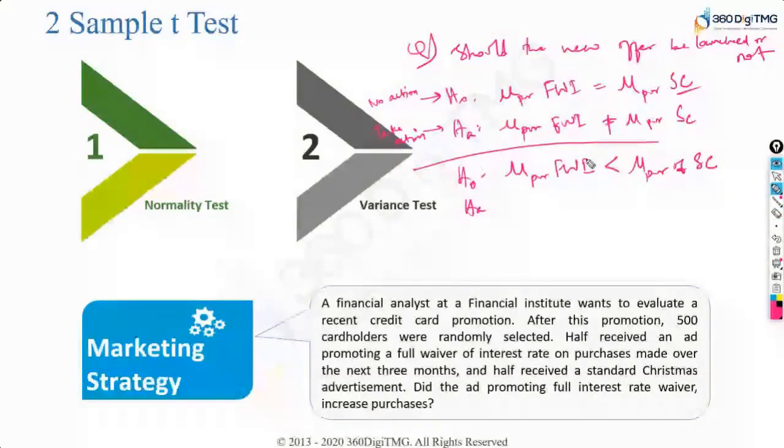That means the new offer is not encouraging customers to purchase. So why would you launch? It is not affecting the purchases, so do not launch the offer. But when the purchases are greater, then you take action. This is how we frame the statements, and let us now solve this problem.